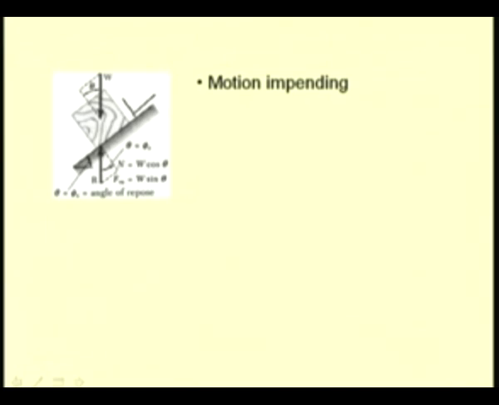From geometry we see that this angle phi s has to be same as this angle of inclination theta. So, for the impending motion case we have theta equal to phi s, which is equal to the angle of repose. And for this case again tan of this angle phi s is equal to the coefficient of friction mu s.